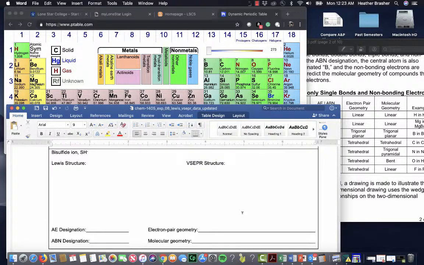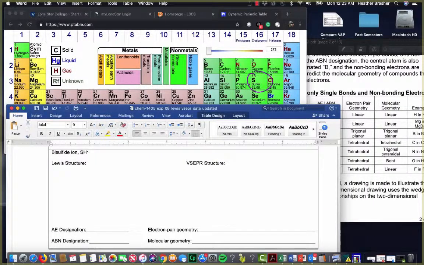And the last guy we have is bisulfite ion. So we have here a sulfur and a hydrogen. So let's write their Lewis dot structure. This is 3, 4, 5, 6. And the hydrogen is 1, and we have 2 of these. So we have 1 of those.